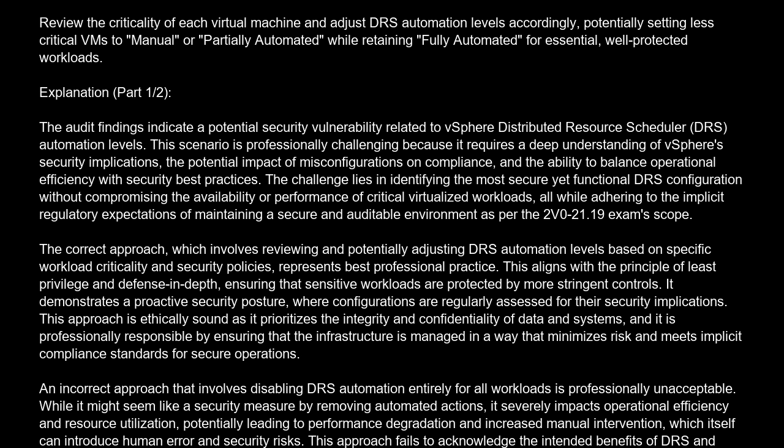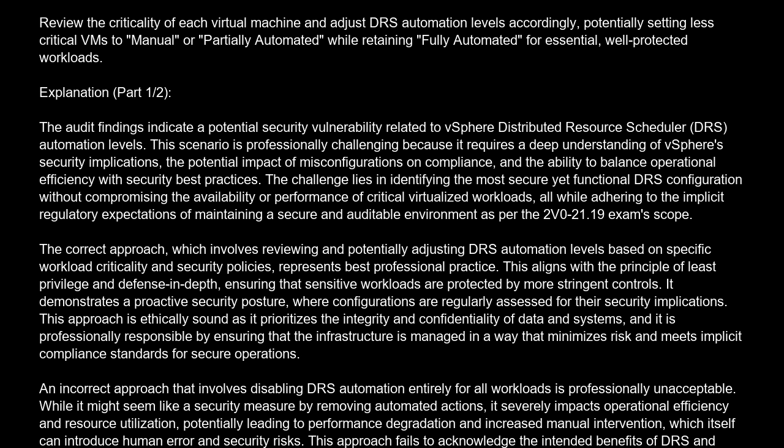The correct approach, which involves reviewing and potentially adjusting DRS automation levels based on specific workload criticality and security policies, represents best professional practice. This aligns with the principle of least privilege and defense in depth, ensuring that sensitive workloads are protected by more stringent controls. It demonstrates a proactive security posture, where configurations are regularly assessed for their security implications.